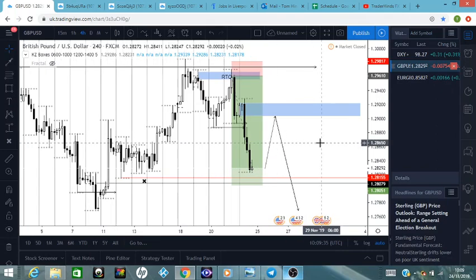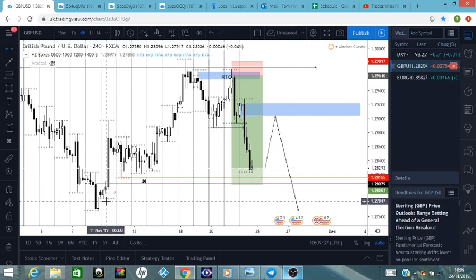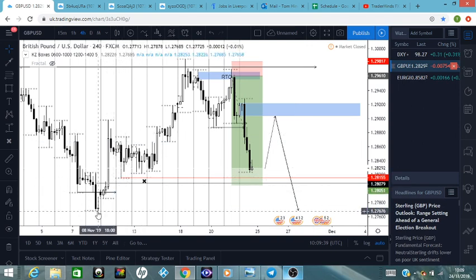Personally, I do believe we're going to see this low taken. Potentially this low as well. 8th of November lows get swiped. So we'll do some pair breakdown, I think, and then we'll see how the week pans out.